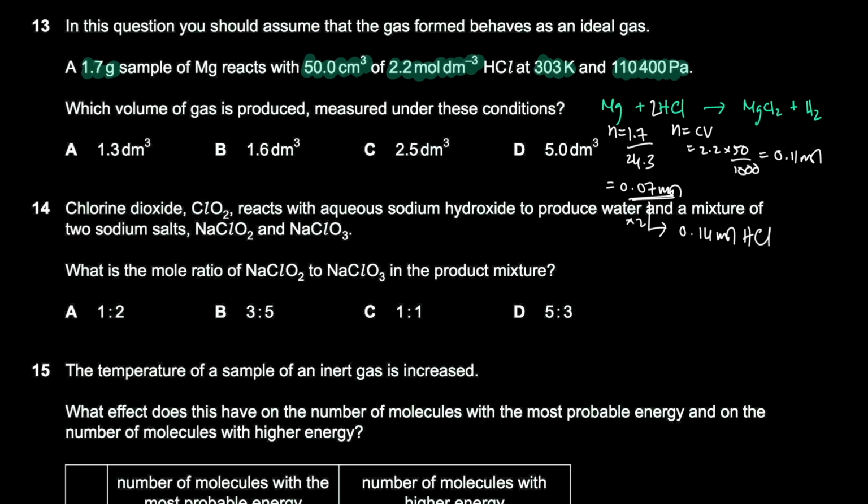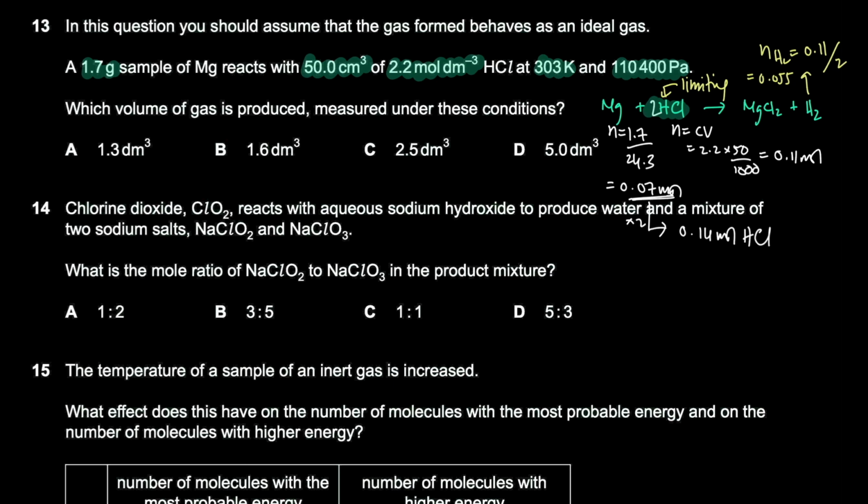So that means that HCl is the limiting reactant. We're going to take the limiting reactant to find out how much hydrogen gas is produced. The number of moles of hydrogen gas produced is equal to 0.11, the number of moles of HCl that are going to react, divided by 2. So we get 0.055 moles of hydrogen gas.